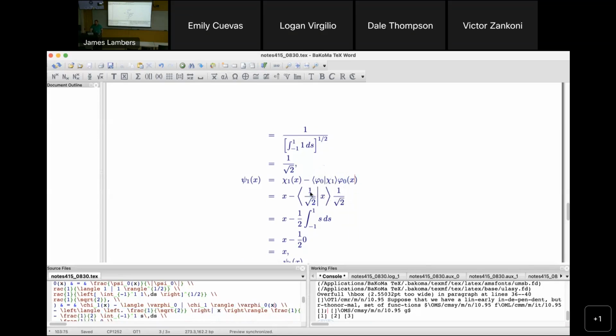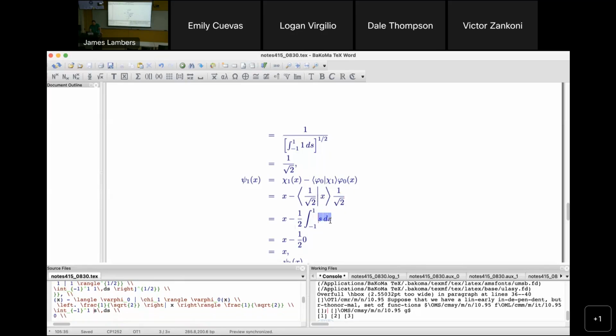Now, for convenience, I'm going to pull out the 1 over square root of 2. So I can multiply by this 1 over square root of 2, and I get 1/2, just to get rid of the pesky square roots. And now my scalar product will be the integral from -1 to 1 of 1 times s ds.